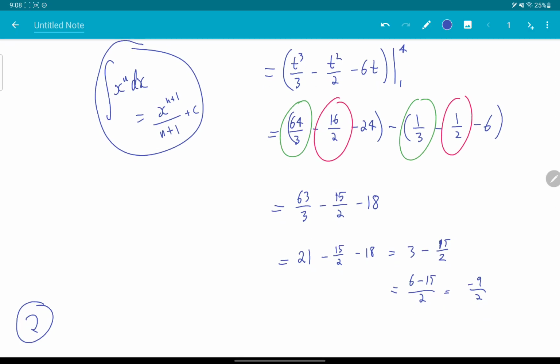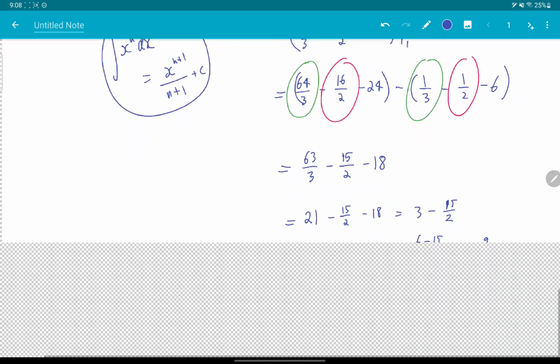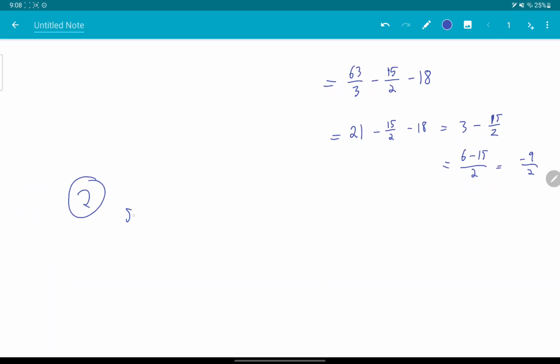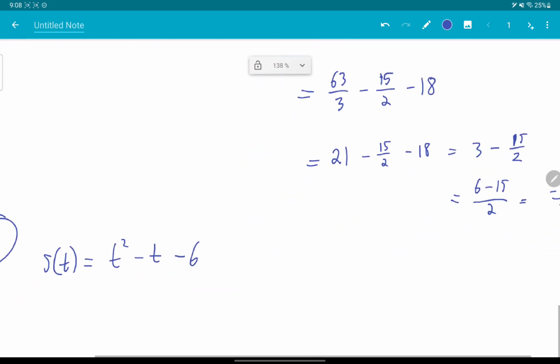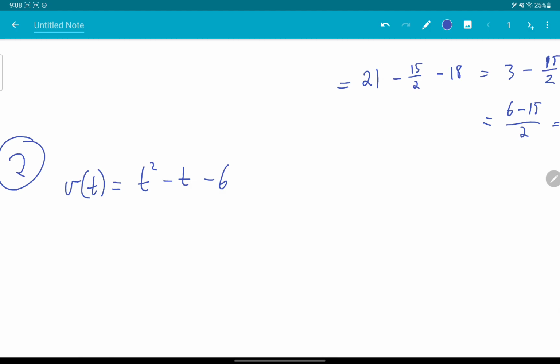So I'm going to go back to my function, and I need to find out when it's 0. So v of t is t squared minus t minus 6, if I'm not mistaken. Oh, it's not S. It should be the velocity here. Sorry.